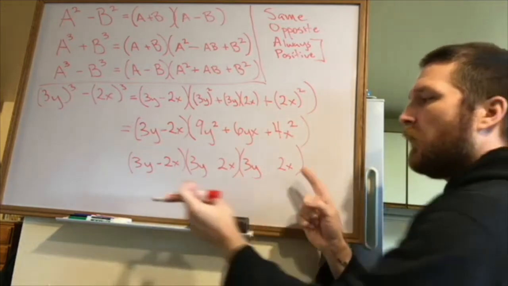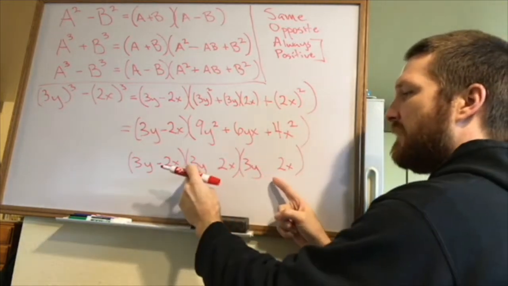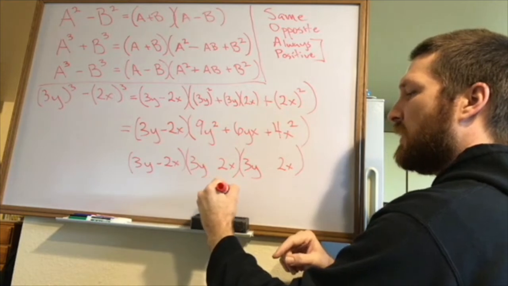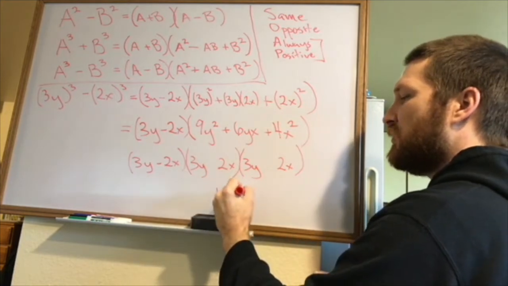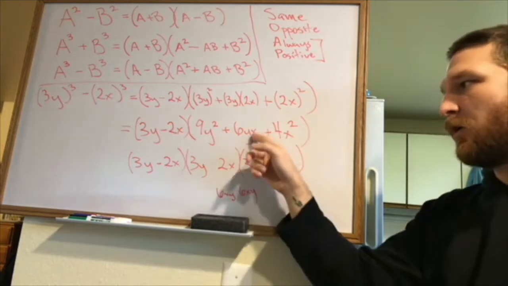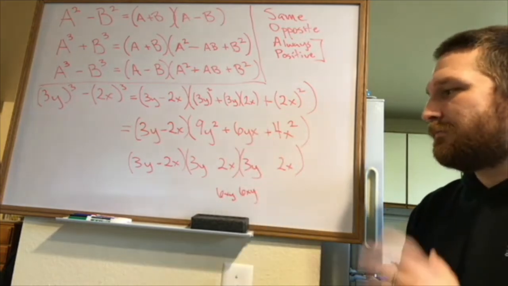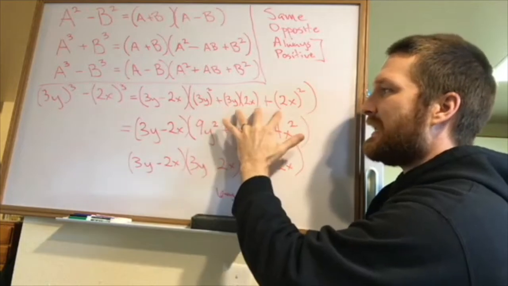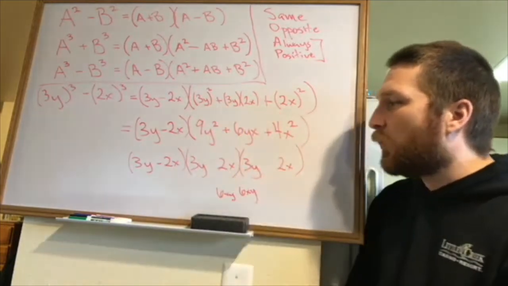But now when I go inner outer, I'm going to have 3 times 2, which is 6xy, another 3 and a 2, which is 6xy, and that's not going to work. So I could just see because of where this came from that it's not going to break into one.